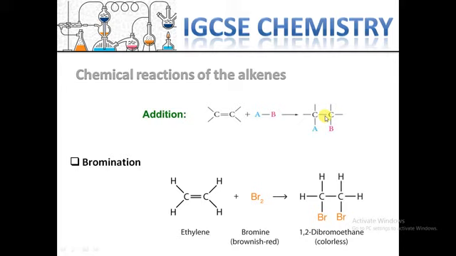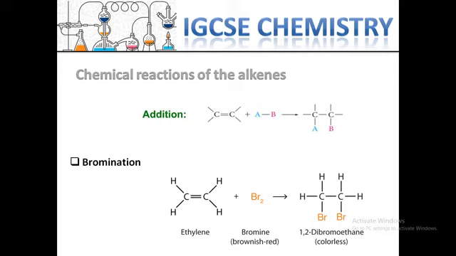First example is bromination, but this is from your book. I think other halogen atoms like fluorine or chlorine can also carry out this reaction. It's not only bromine, but I'm just following your book.